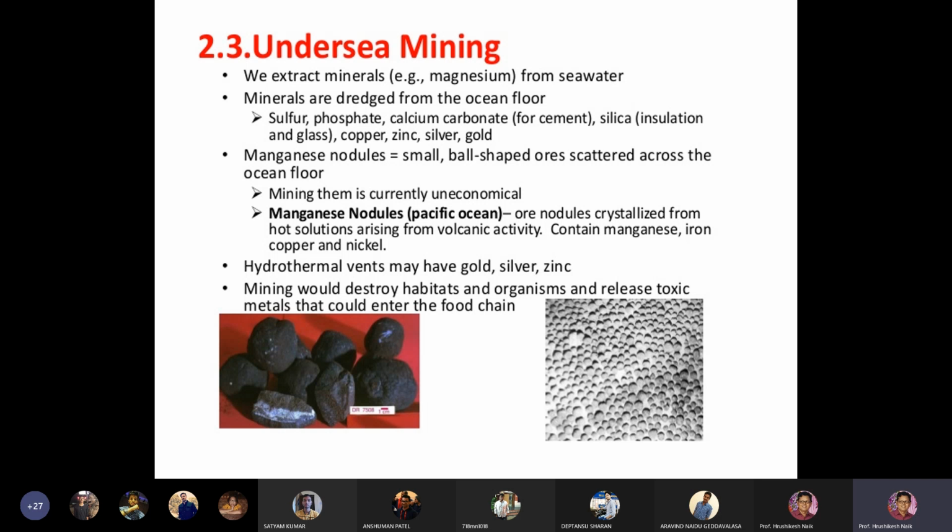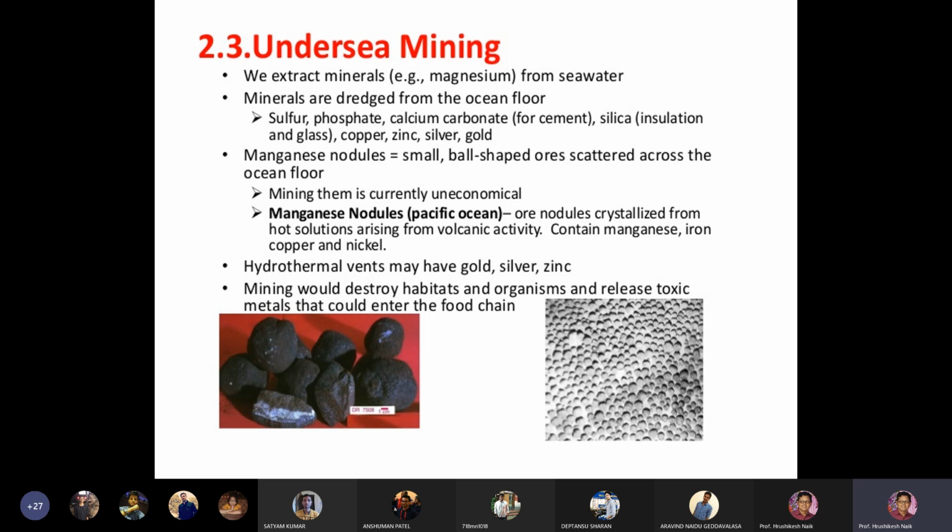Dredge mining is carried out for the minerals which are lying on the ocean floor, like sulfur, phosphate deposits, calcium carbonate for the cement plant, silica used for insulation and the glass industry, copper, zinc, silver, gold, etc. These are dredged from the ocean floor.